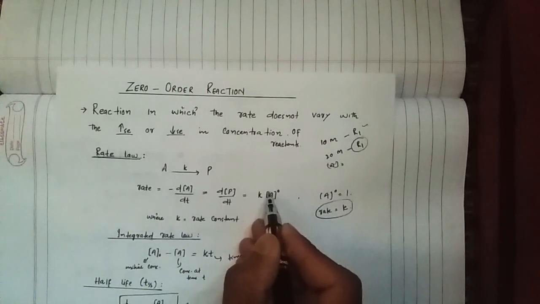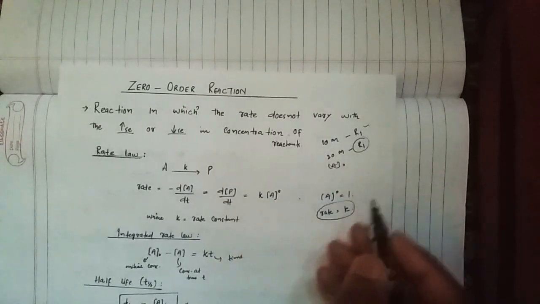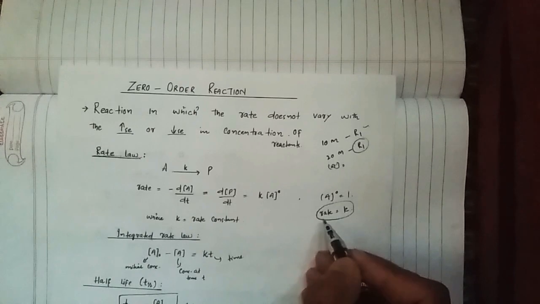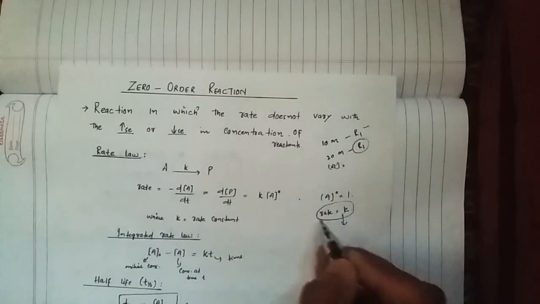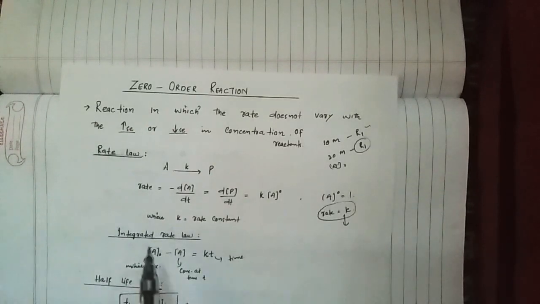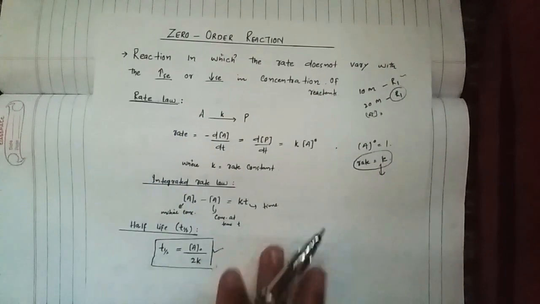So the concentration will be raised to the power 0 and this will be equal to 1, that is A raised power 0 will be 1, so rate will be equal to K, hence the rate will be constant throughout the reaction.